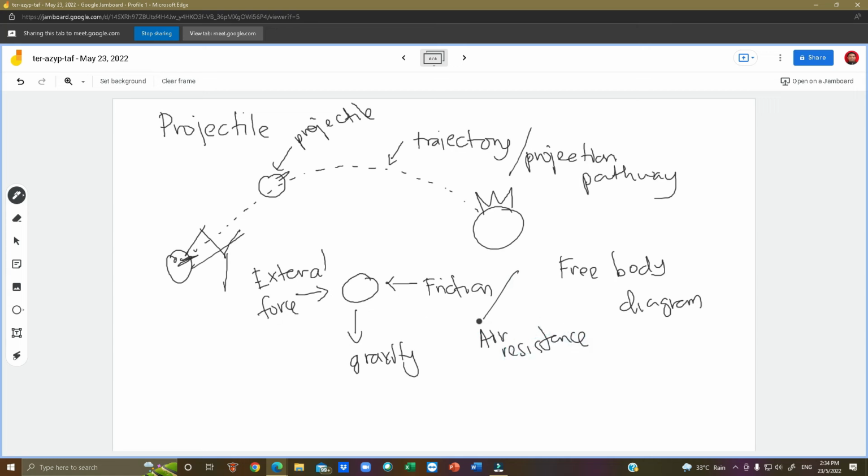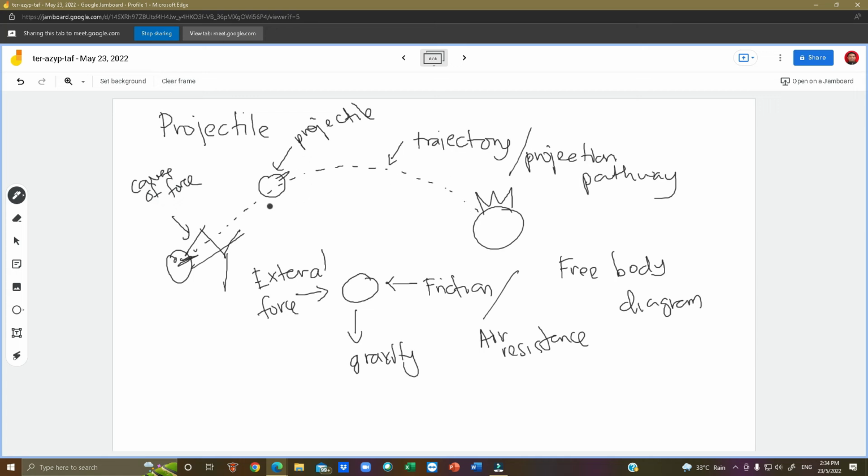Dia subject pada tiga benda ni. Maksudnya, it does not have its own force. Macam this Angry Bird, the external force is caused by the slingshot. This is the cause of force, which makes the bird travel forward.